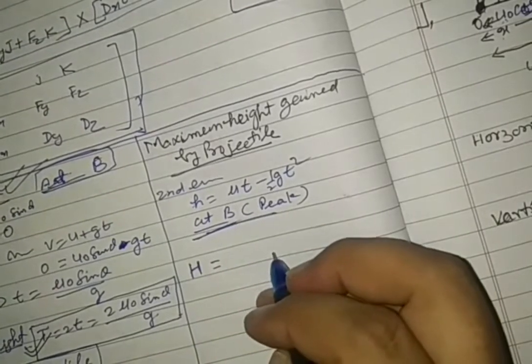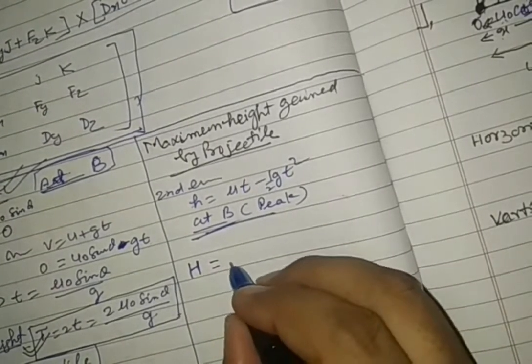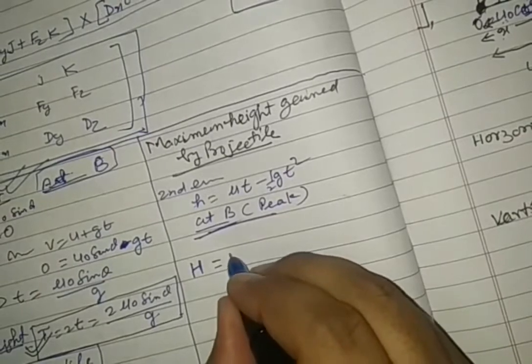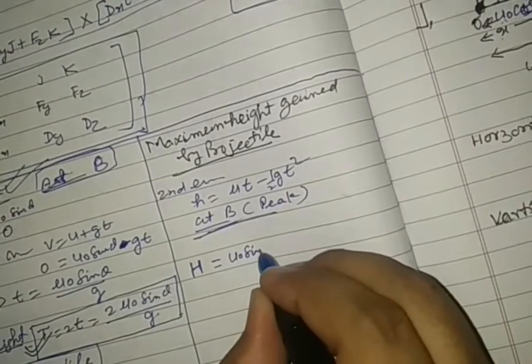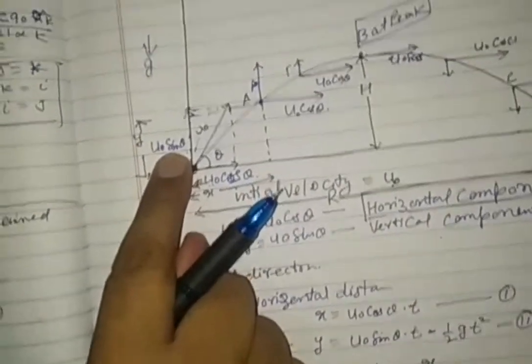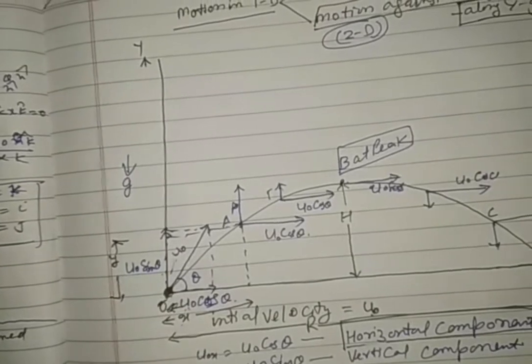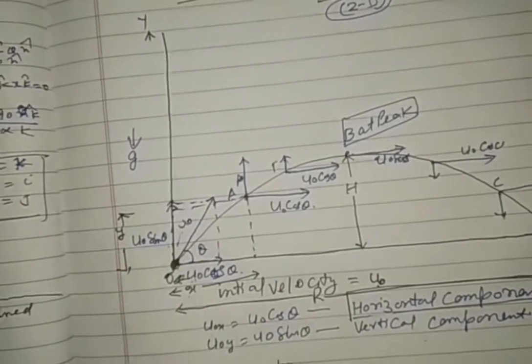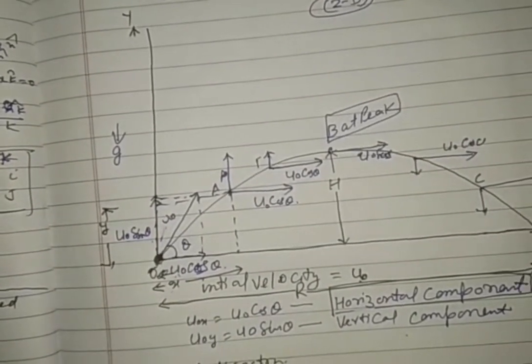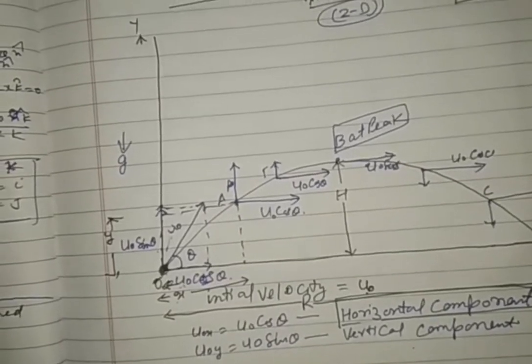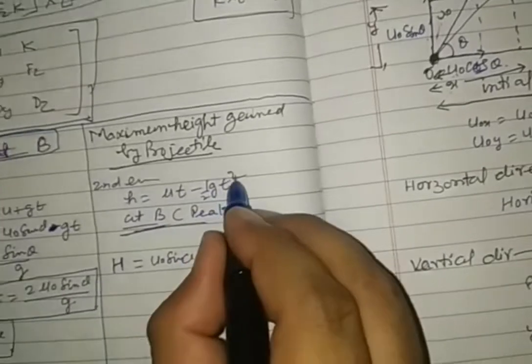Initial velocity u is u naught sin theta, the upward component here. And we have to keep the value of t here. So it will be a little complicated to obtain this.